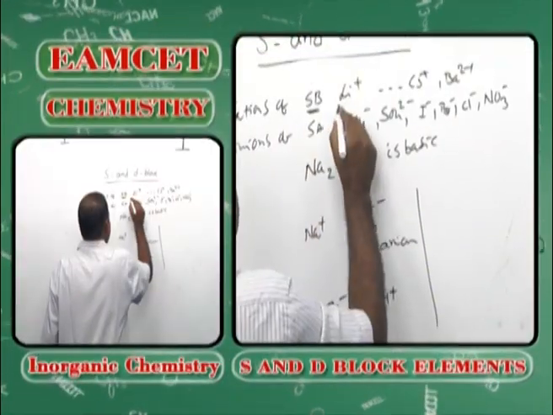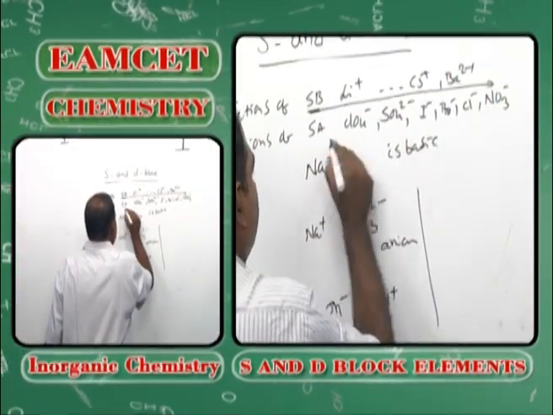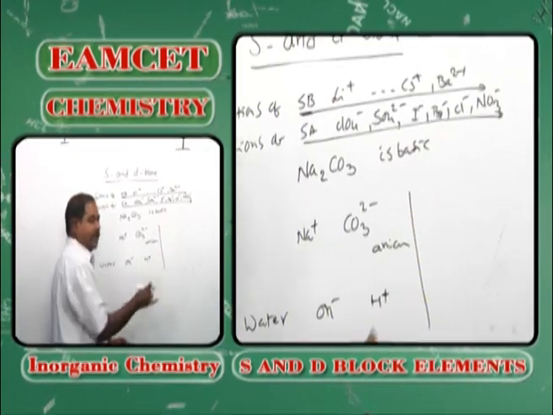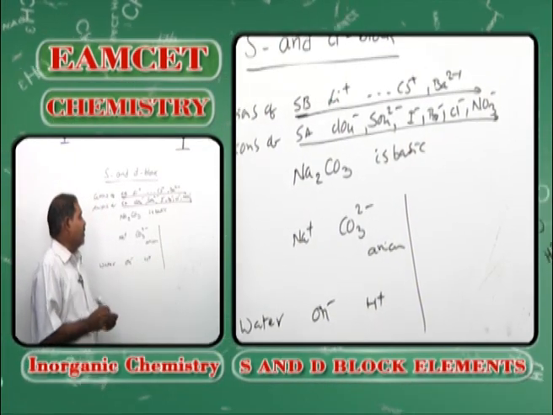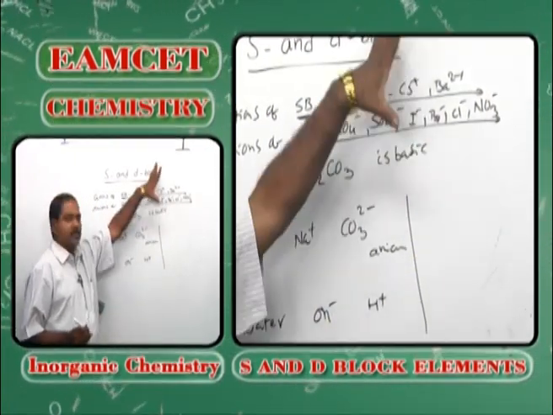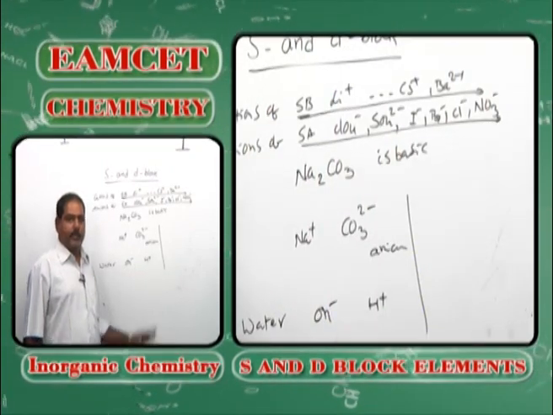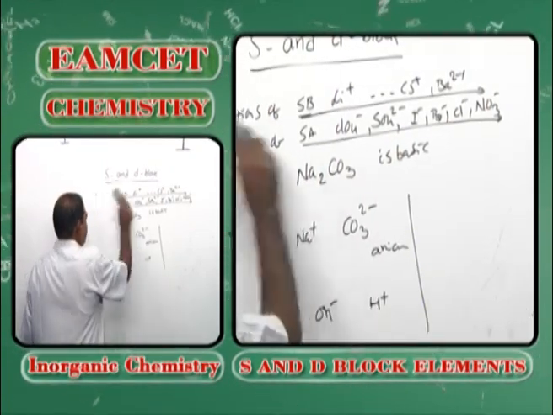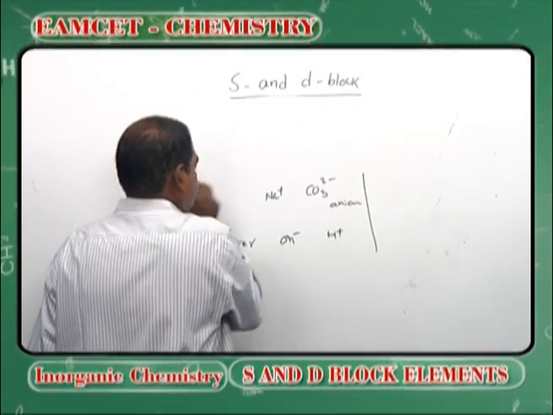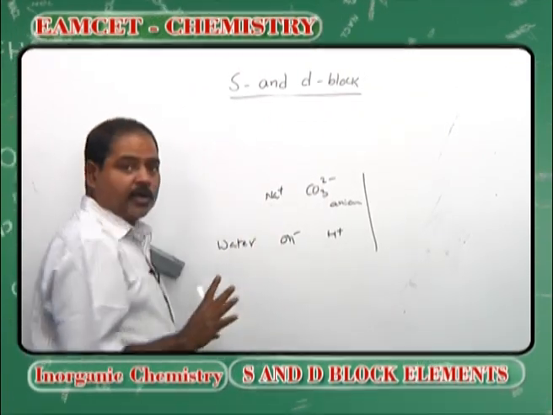So these are the cations of strong bases, these are the anions of strong acids. These 12 don't undergo hydrolysis. Remember this generalization. Cations of strong bases and anions of strong acids do not undergo hydrolysis.